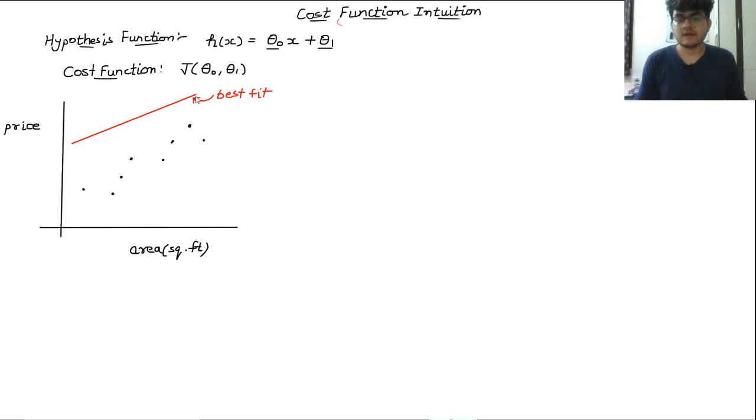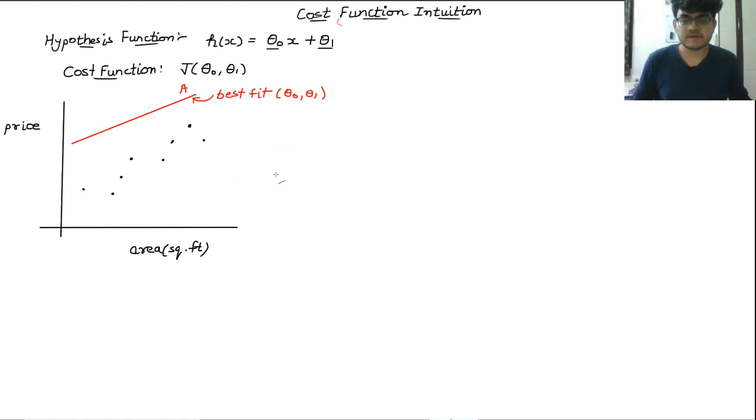So in order to draw this line, he might have chosen theta 0 and theta 1, which are nothing but slope and intercept. He used some theta 0 comma theta 1 pair to draw this line, and this is by person A.